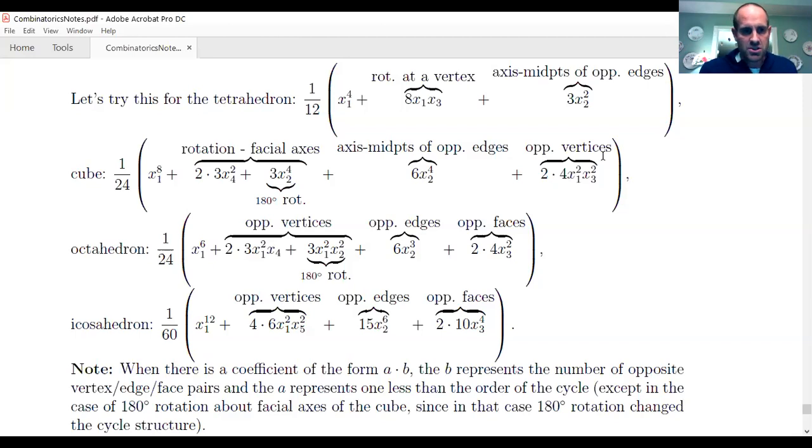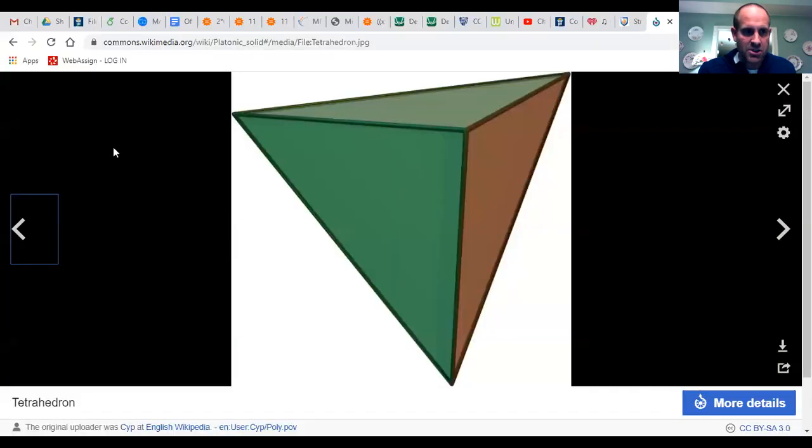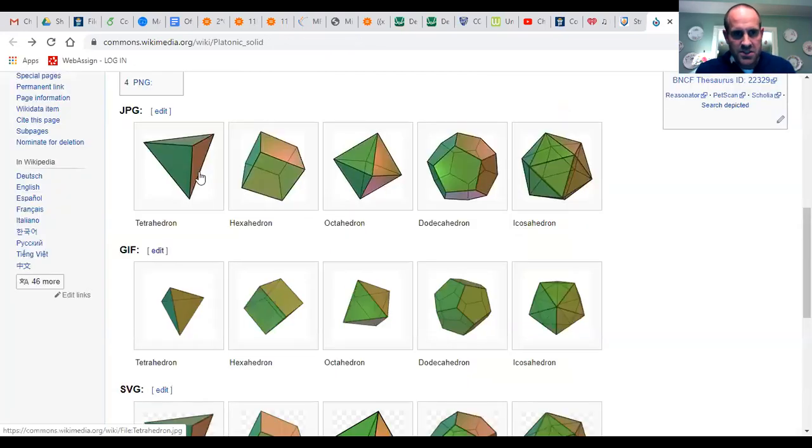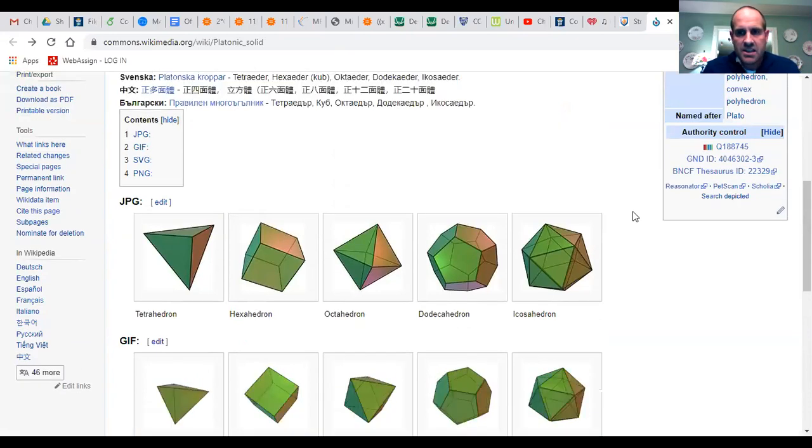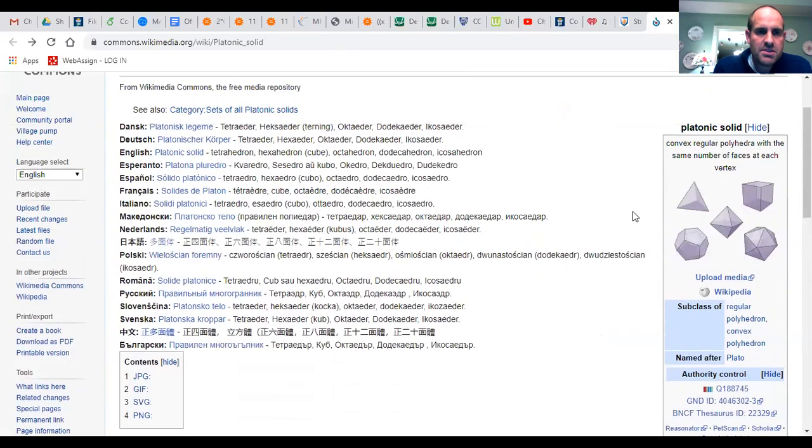But let's go look at a picture of the octahedron situation. Okay, so this is a little wiki. Actually, I'll get out of this so that you can see fully what's happening here. It's a pretty cool little thing. It's just the Platonic solids.